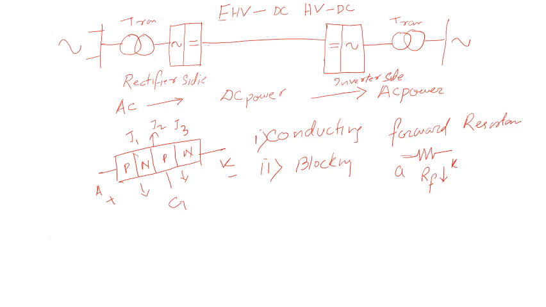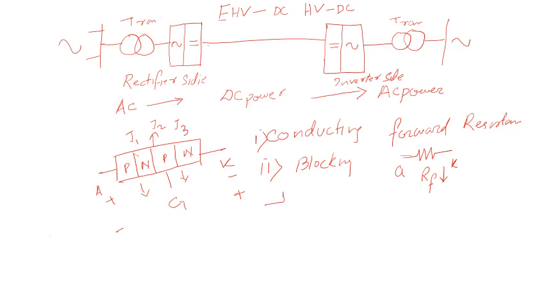But when it comes to the blocking state, there is a reverse bias between your cathode and anode, and we don't provide any gate signal. In that state J1 and J3 are reverse biased and J2 is forward biased.